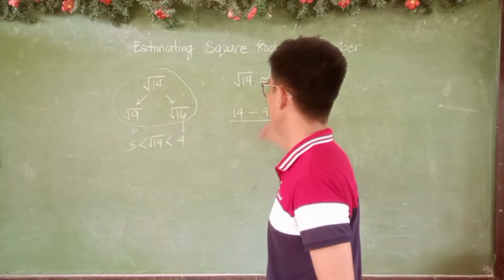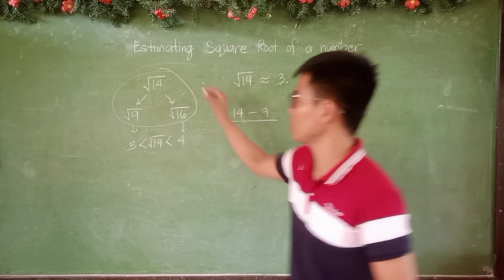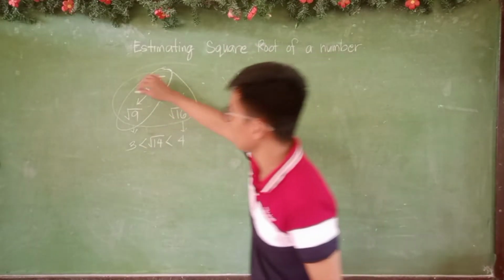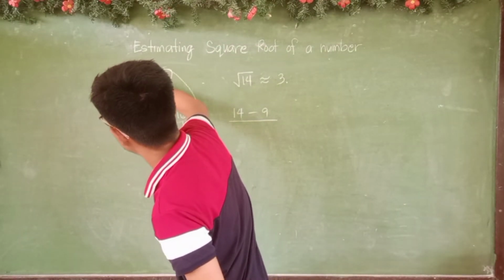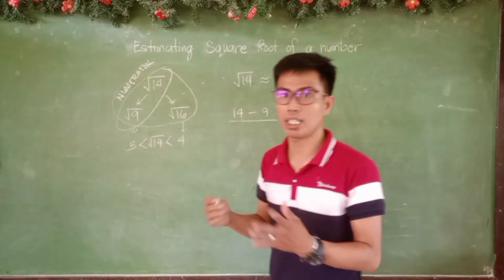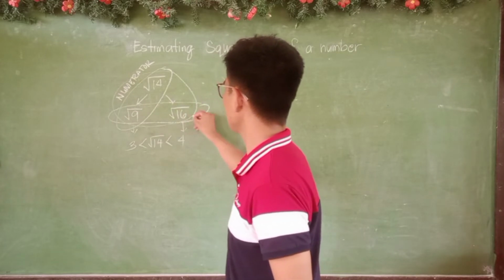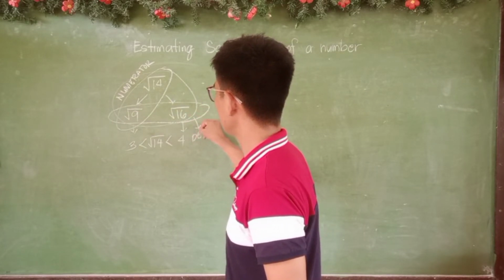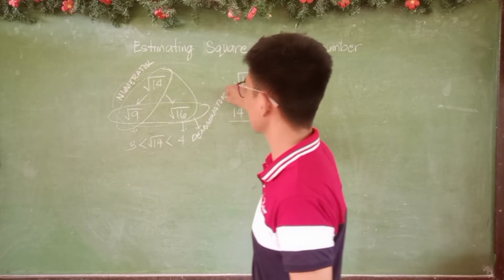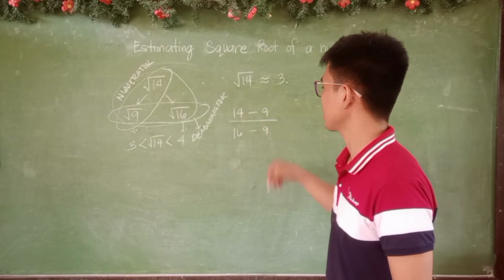So minus 9. Ito yung nakalagay sa numerator. Isusubtract lang natin. And then ito naman, yung nasa denominator, yung nasa baba, which is 16 minus 9.